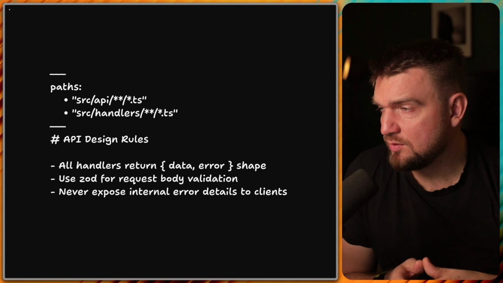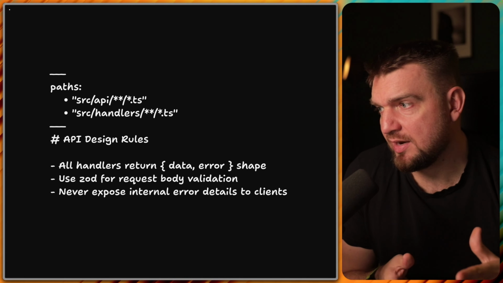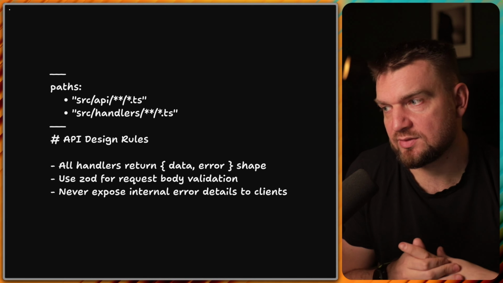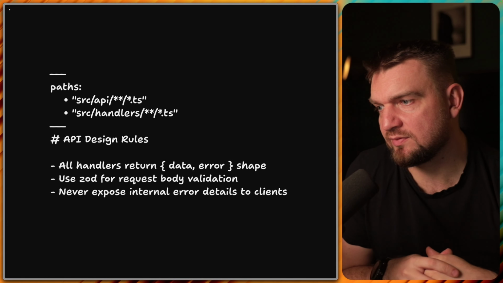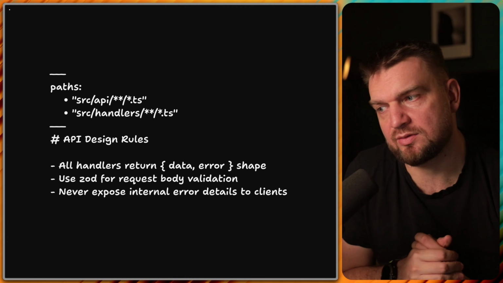But here is where it gets really powerful, because you probably think, yeah, Daniel, but again we're creating a lot of files, a lot of instructions, all of them are loaded at once. Not really, because you can scope rules to specific file paths using YAML frontmatter. Let me show it. So you can see we have here some rules, API design rules: all handlers return data in an error shape, we are using Zod for request body validation, and never expose internal error details to clients.